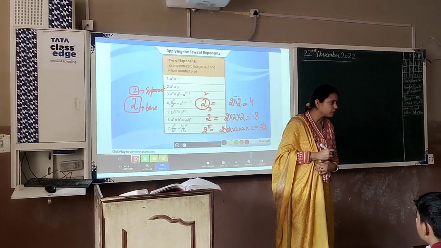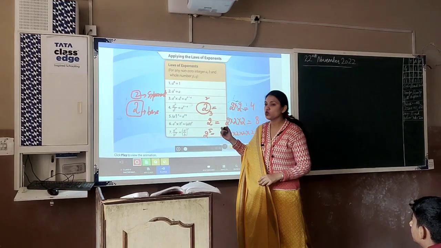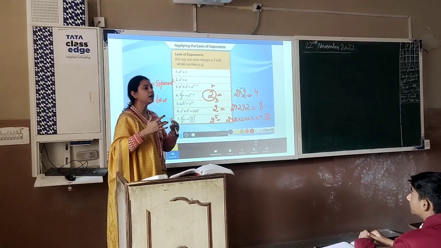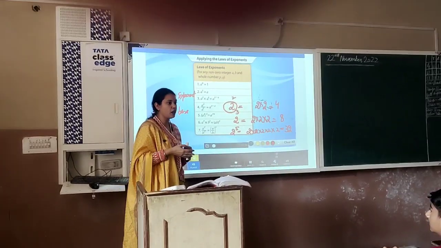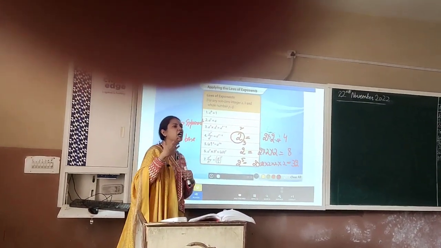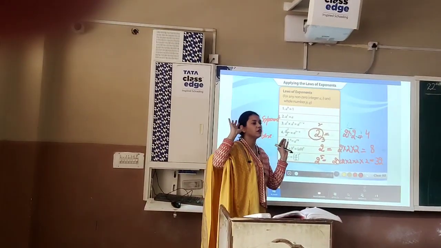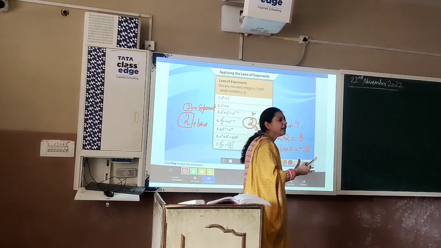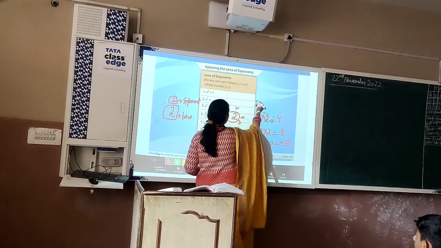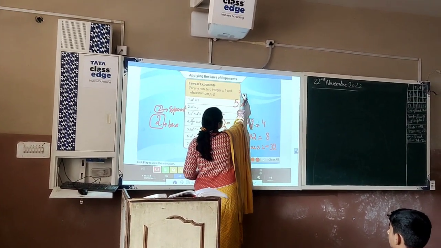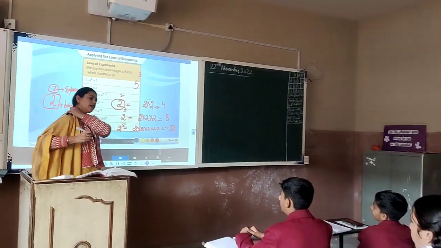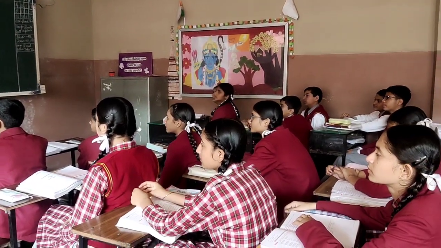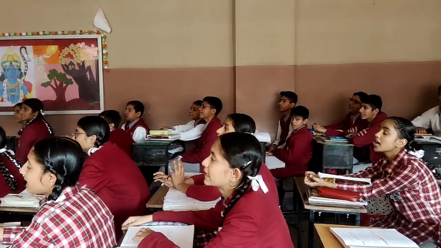Getting all? Yes, ma'am. So what are exponents? When you multiply the same number by itself 2 times, 3 times, up to n times, then these are known as exponents. You can take a few more examples. For example, 5 raised to power 3. What does it mean? 5 is multiplying itself how many times? 3 times.